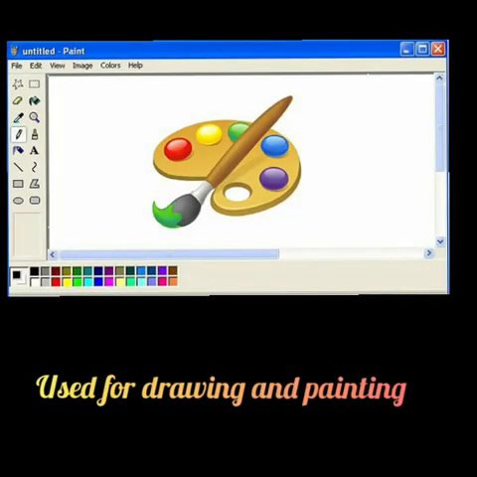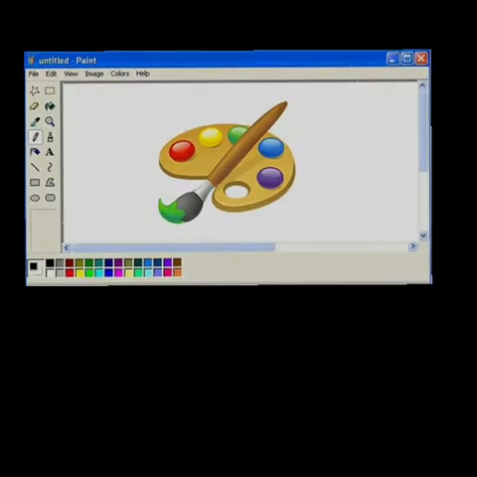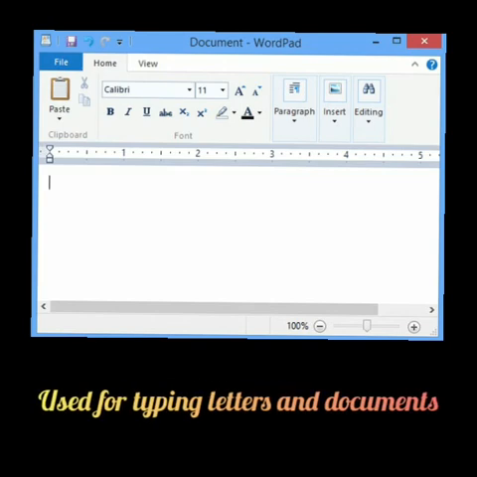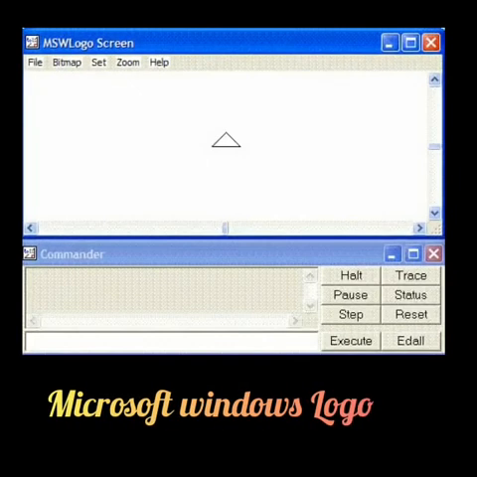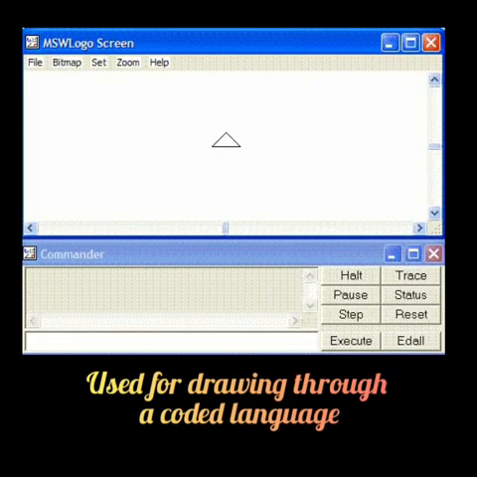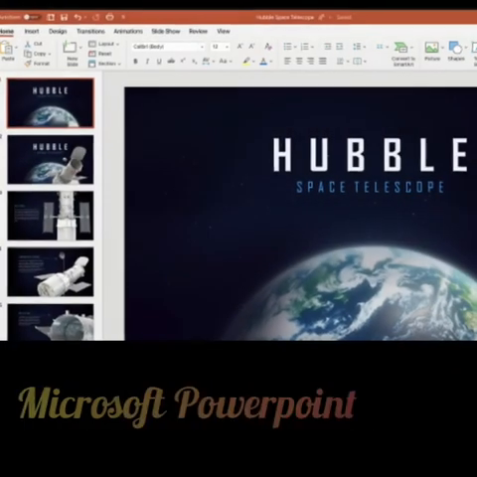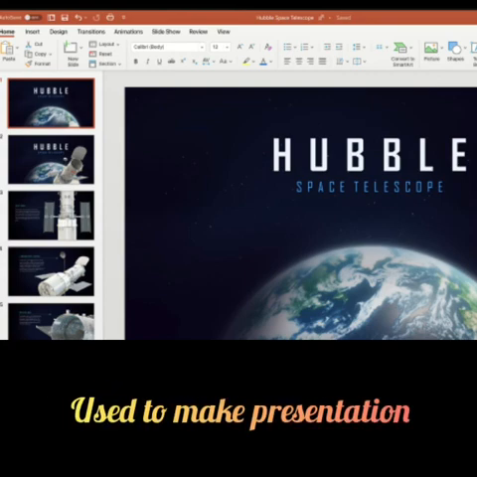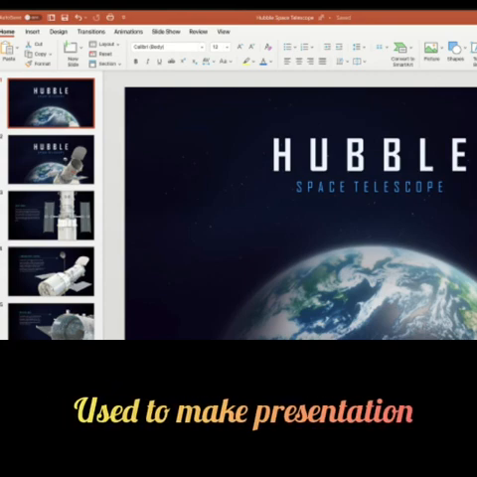It is used for drawing and painting. Second, WordPad. It is used for typing letters and documents. Third, Microsoft Windows logo. It is used for drawing through a coded language. And fourth, Microsoft PowerPoint. It is used to make presentations.